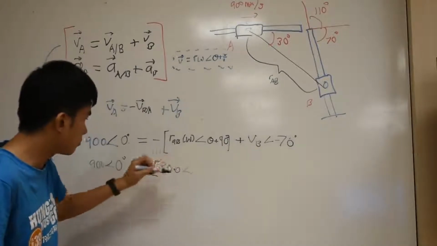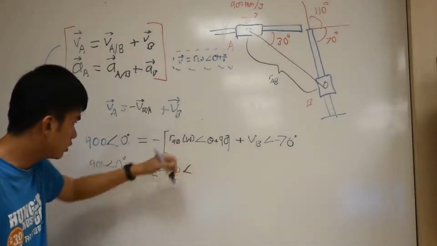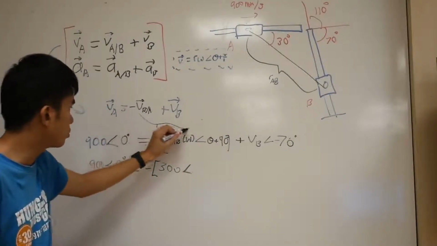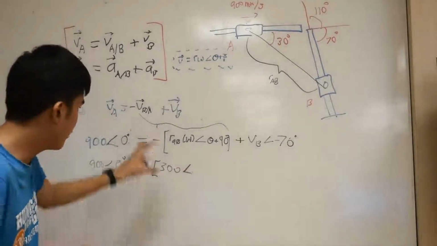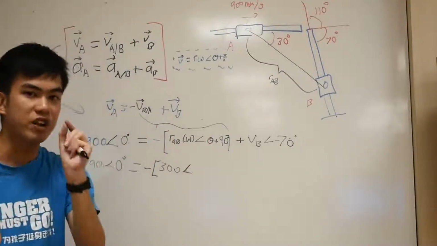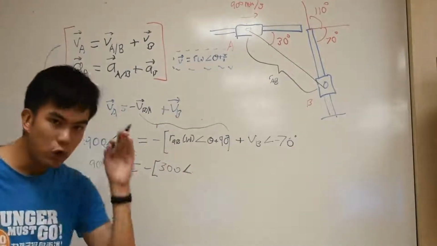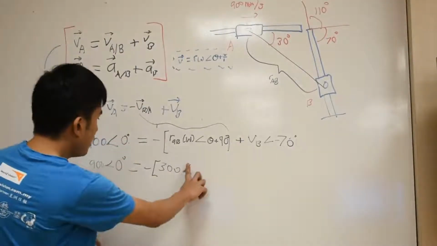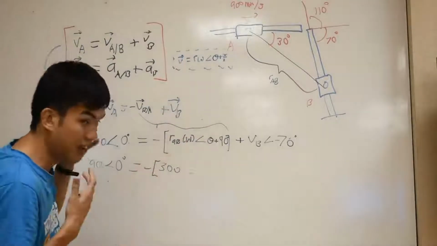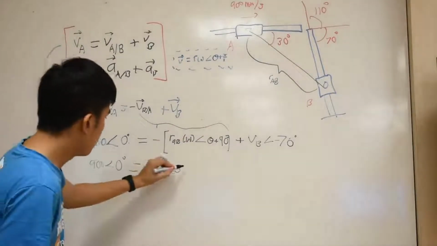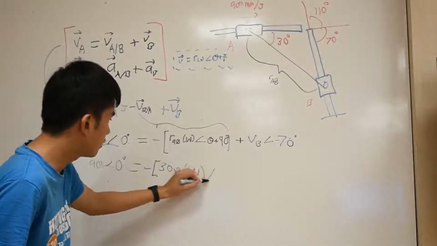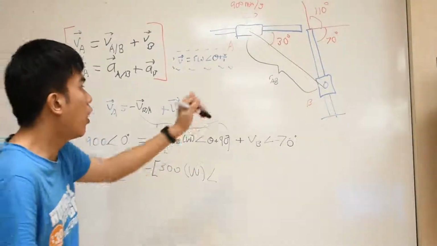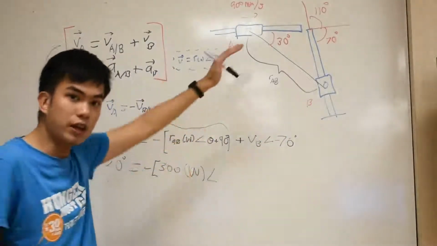So in this case, we define this part as the velocity of B with respect to A. We define this term as the velocity of B with respect to A, and we know that it is a circular motion. We know that circular motion is defined by RAB times the omega of the rod, which is the unknown that we are interested in finding. First we put omega here. But what is the direction of motion of B with respect to A?